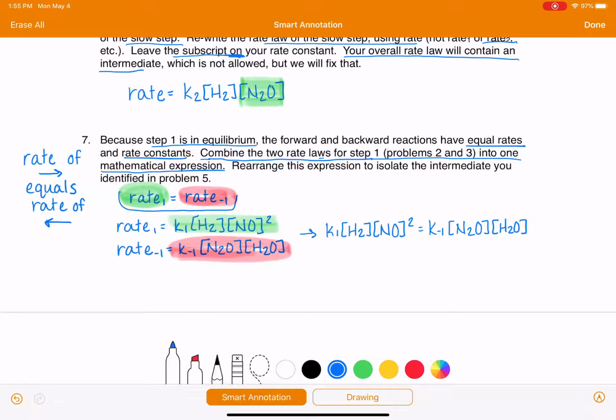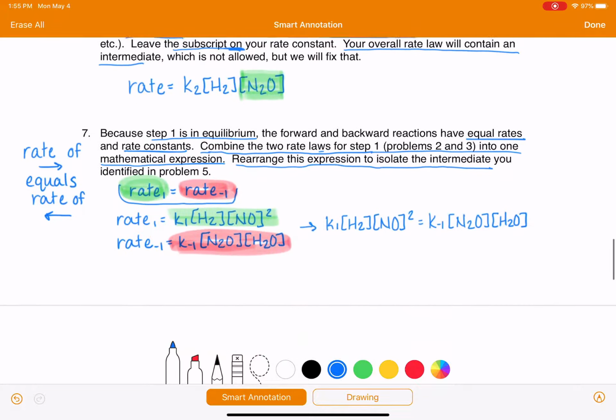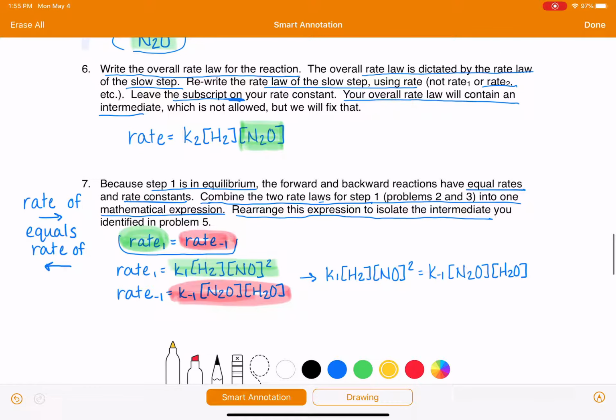And the last thing that we're being asked to do here, rearrange this expression to isolate the intermediate that you identified in problem 5. Our intermediate, N2O. We want to isolate the N2O intermediate, this guy right here. So we're going to do that algebraically. We're going to move K-1 to the left side of the equation, and we're going to move H2O to the left side of the equation. What the heck are we doing?